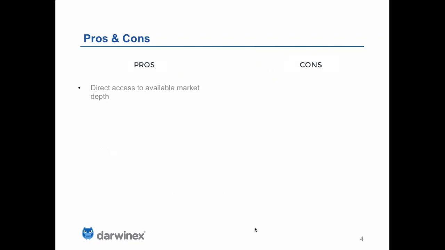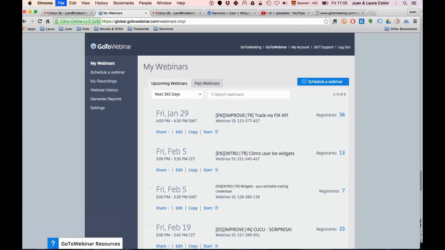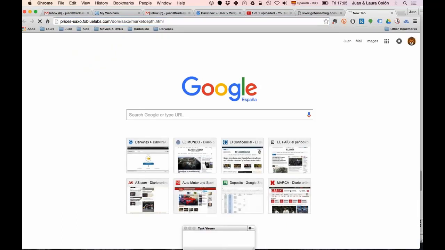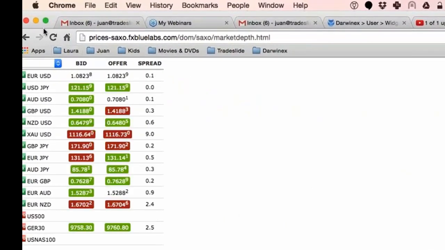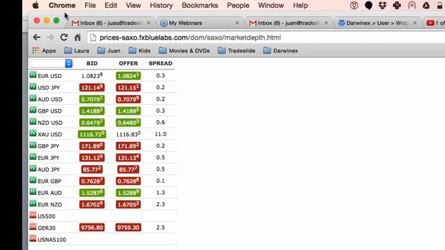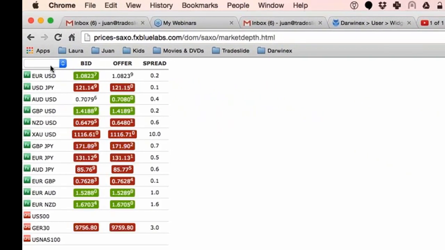So, pros and cons. The main pro, I think, is that you get direct access to all the available market depth, which is something you can't get from, say, MT4, because MT4 is a dealing system which only gives you one price. By contrast, the actual market price is made up of the depth of the order book.